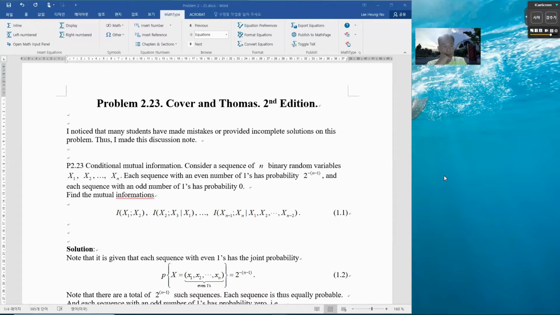Thus, I made this discussion note, so you can learn from these notes and do not repeat the mistake.